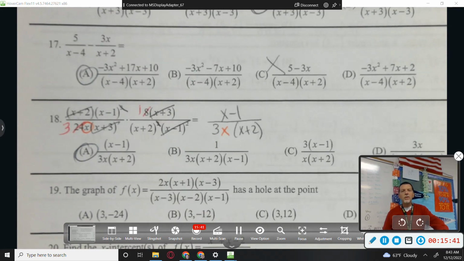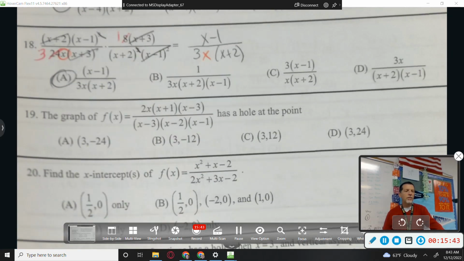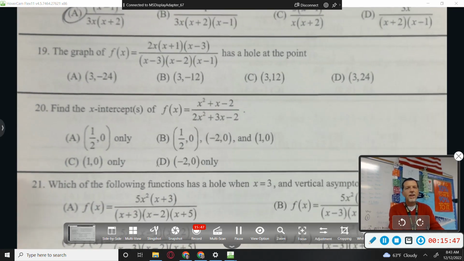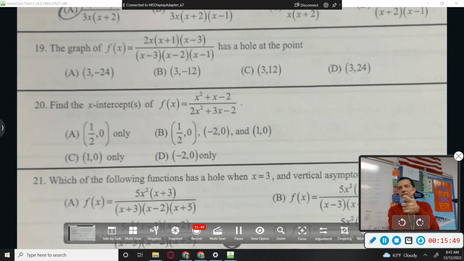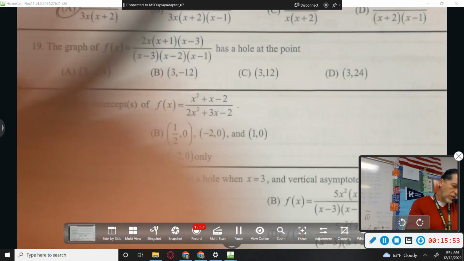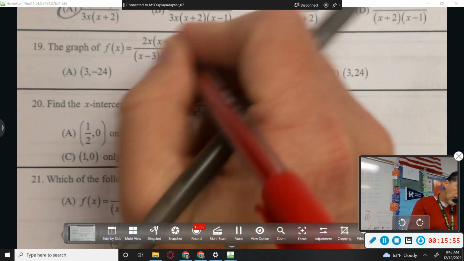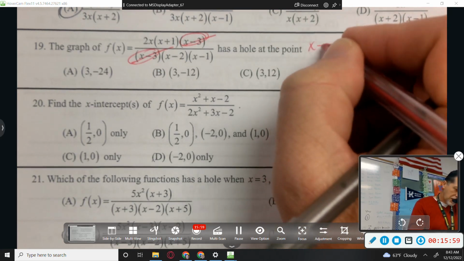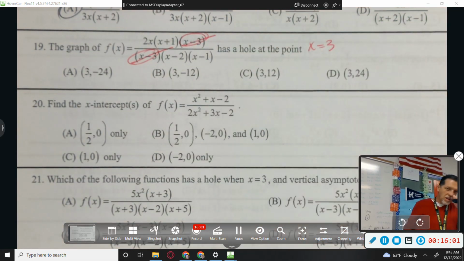Number 19, a hole. Where does a hole happen? Do you remember? Well, you find it if the factor's in the top and the bottom. So there is a hole at x equals 3. The trouble is, you look at your answer choices, you're like, oh, they all have x equals 3.